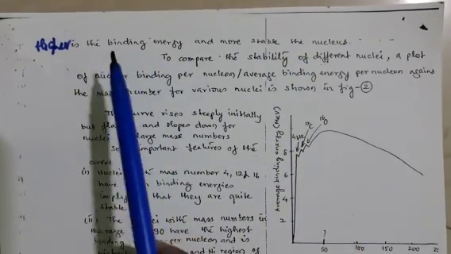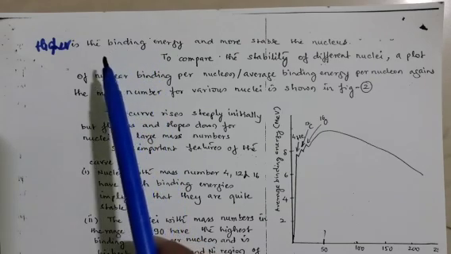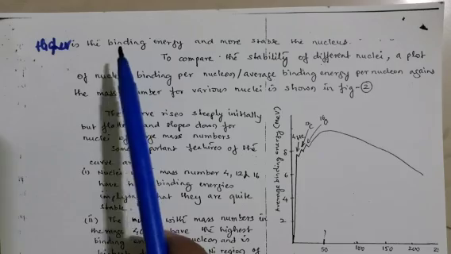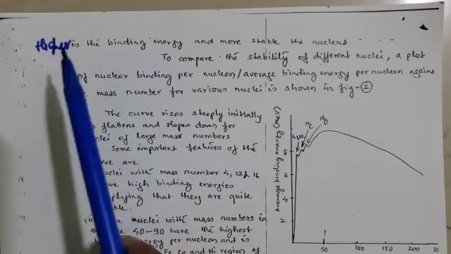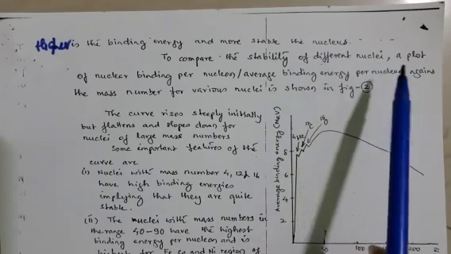That means the protons and neutrons are bound very strongly, so a higher binding energy is required to break the nucleus.